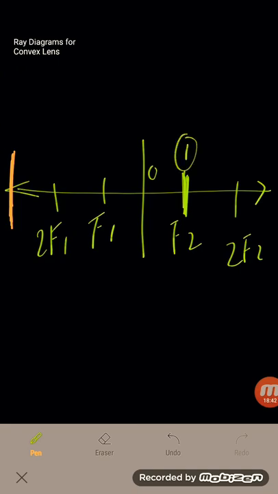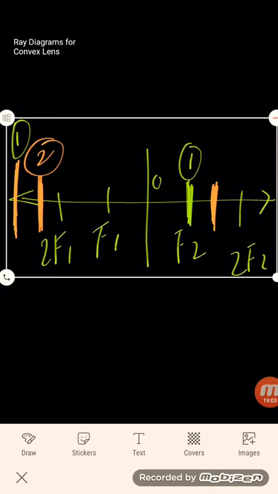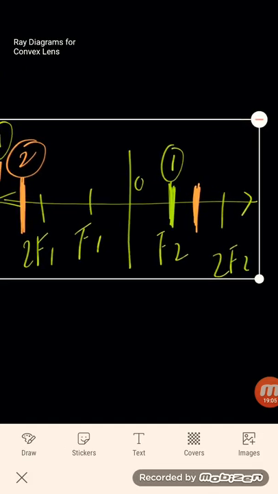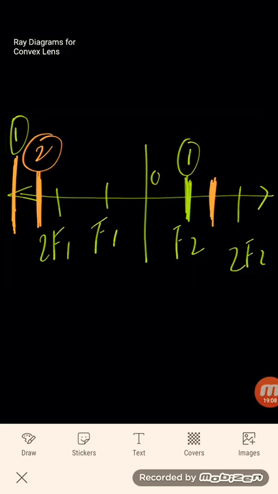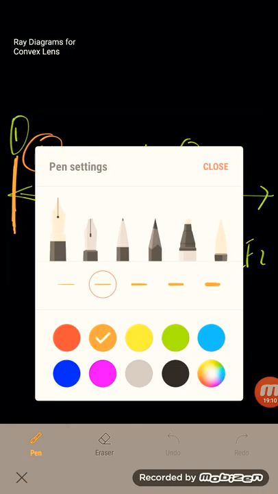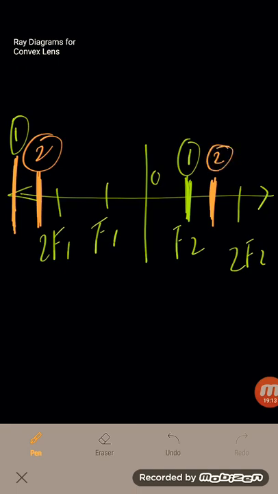This is 1. Now if the object is beyond 2f1, the image is between f2 and 2f2. This is 2. If the object is at 2f1, the image is at 2f2.